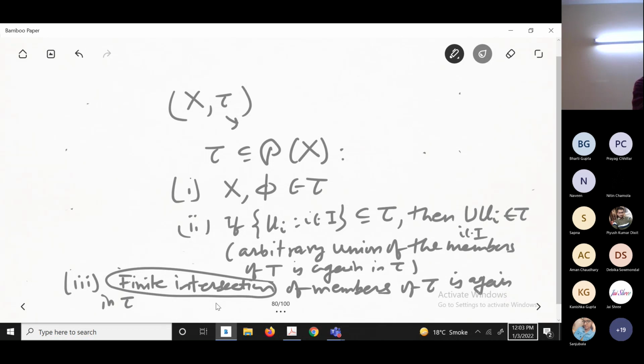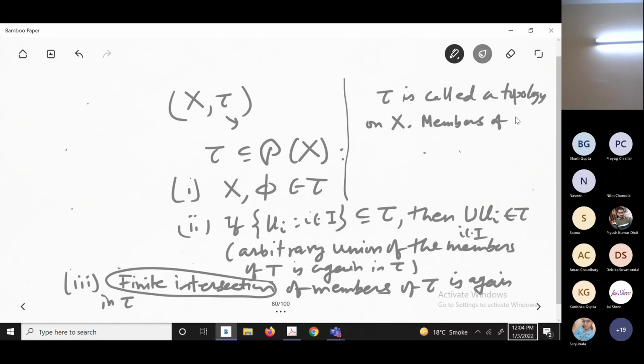If you have this, then tau is called a topology on X, and the members of tau are called open sets.